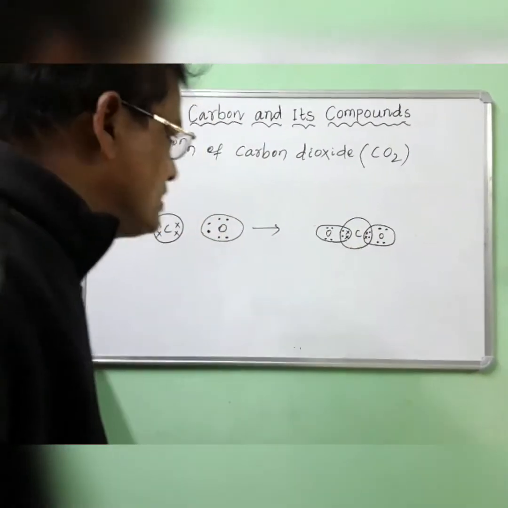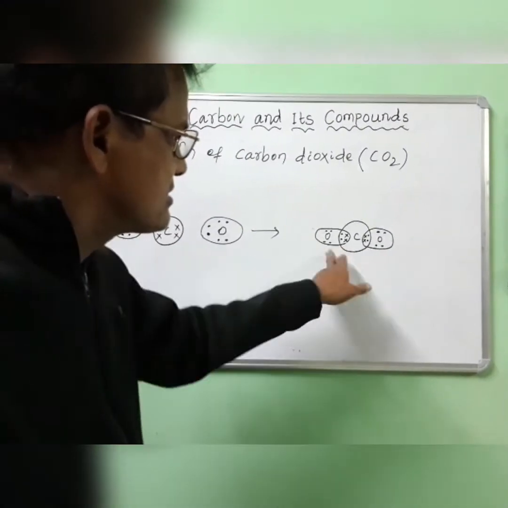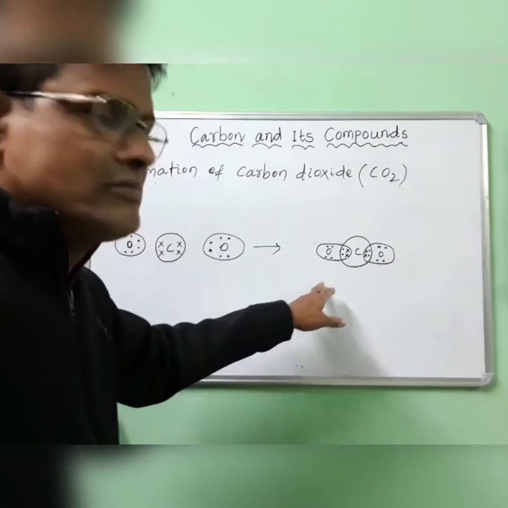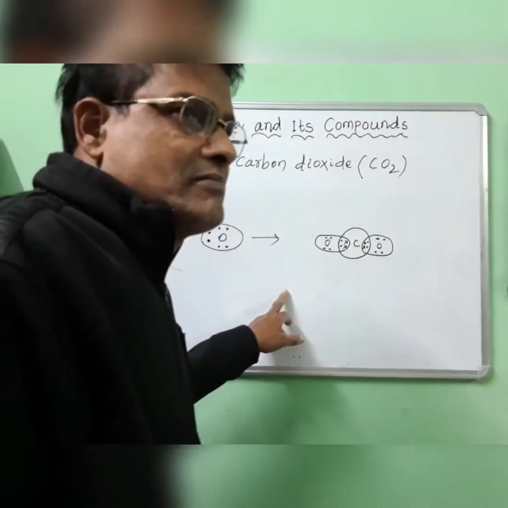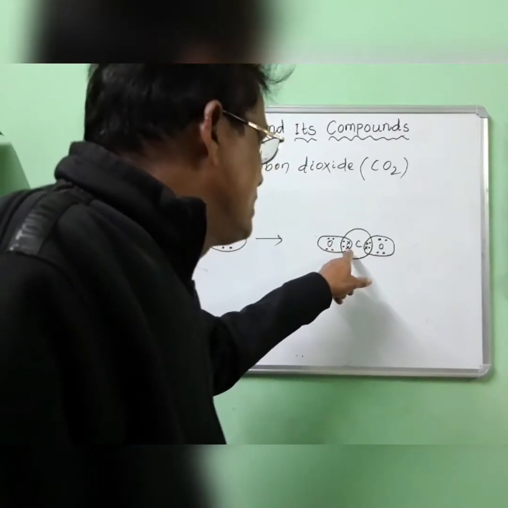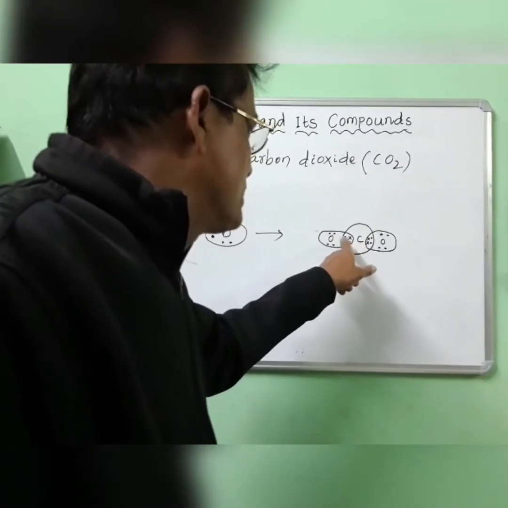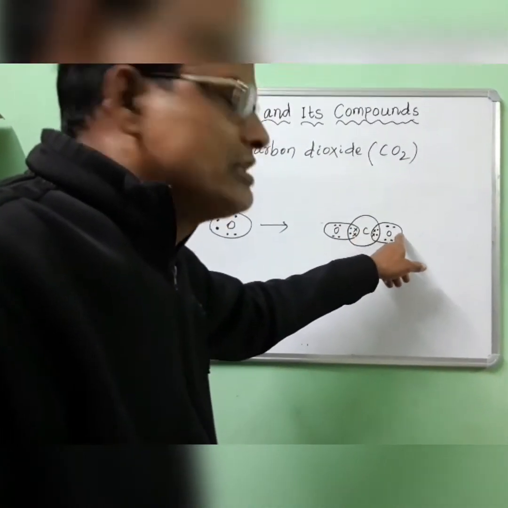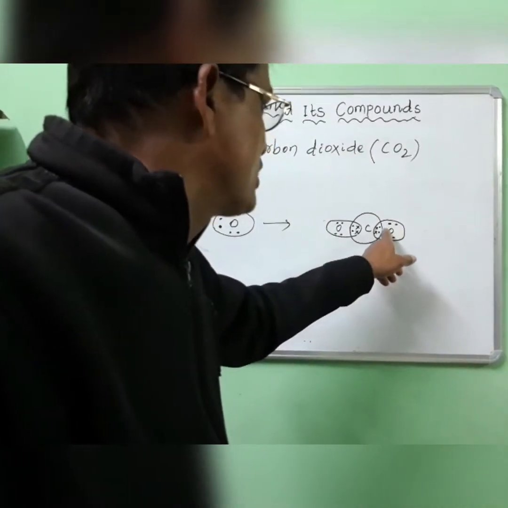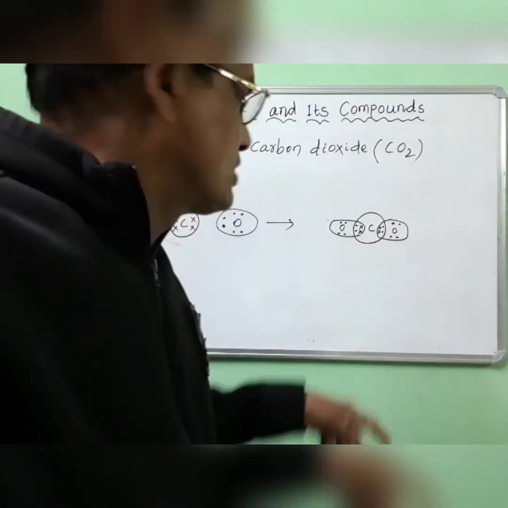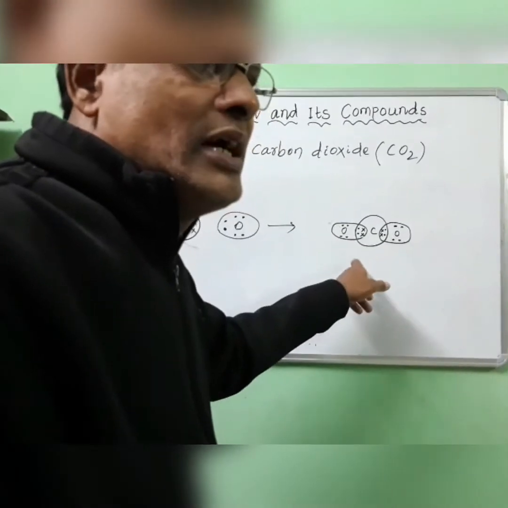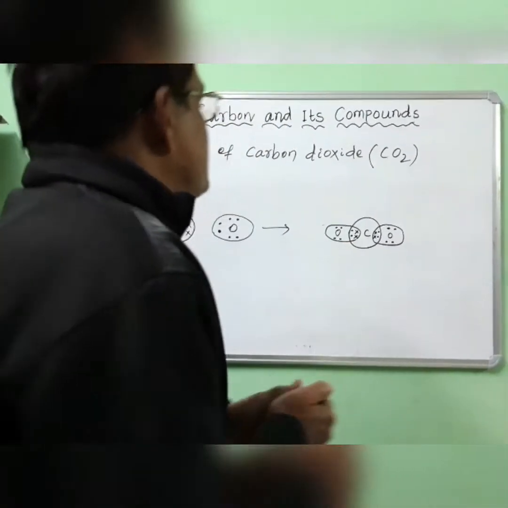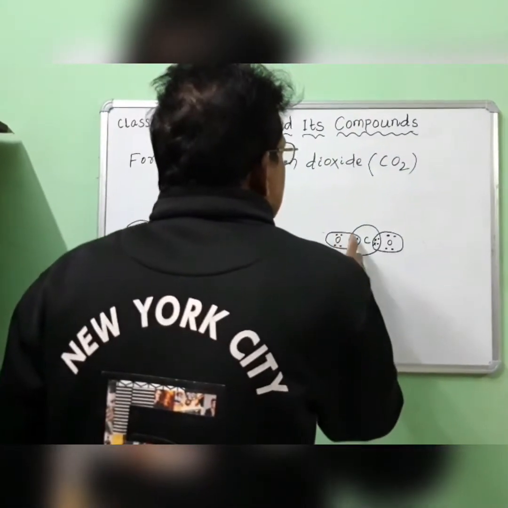Clear? On the contrary, each oxygen atom shares only 2 electrons with carbon. Here this oxygen atom shares 2 electrons with carbon. Here we also, this oxygen atom shares 2 electrons with carbon. So that both oxygen atoms attain the nearest noble gas configuration, that is 8. 1, 2, 3, 4, 5, 6, 7, 8.